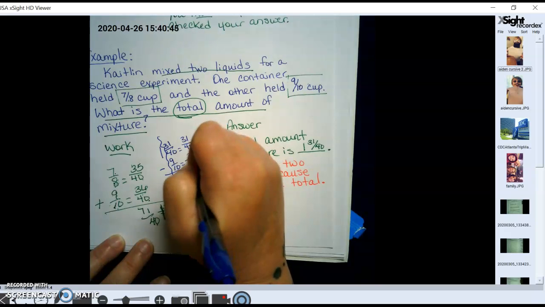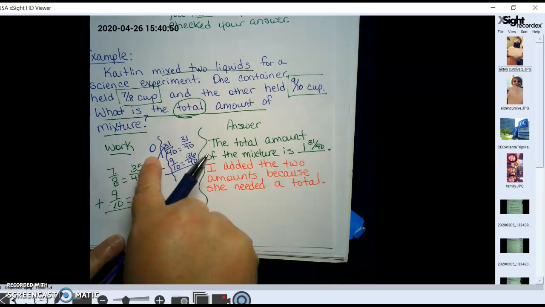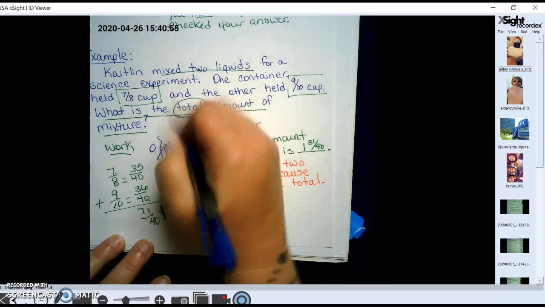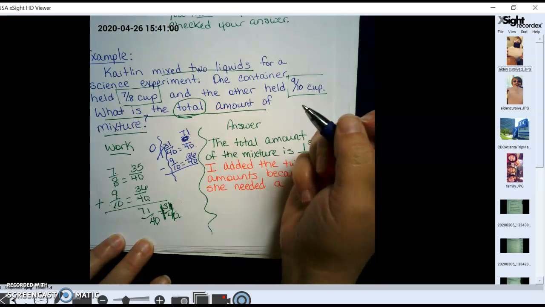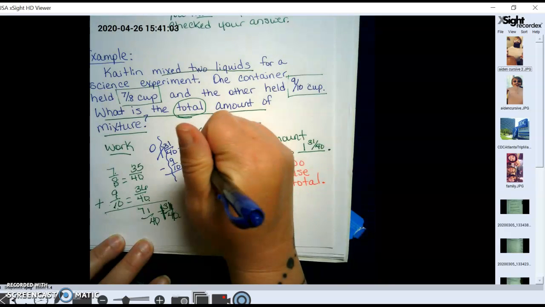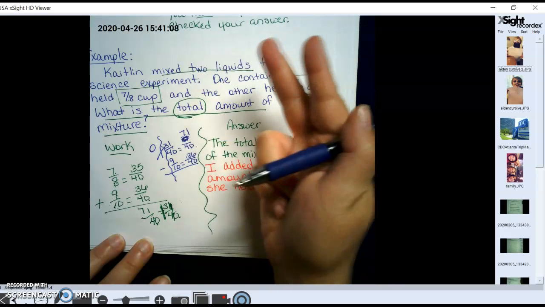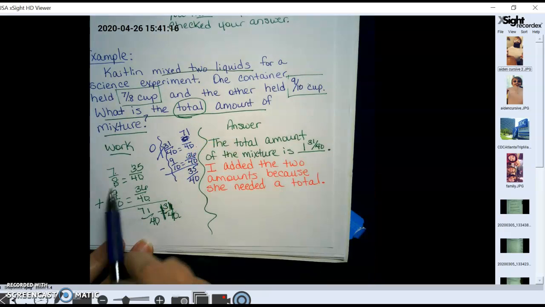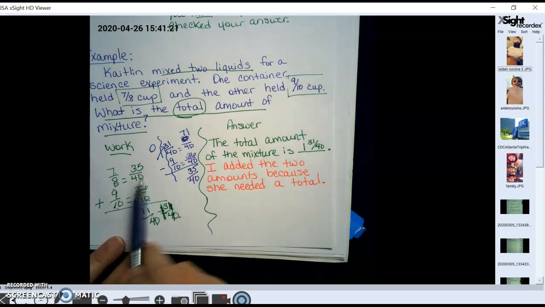And 9 times 4 is 36. I can't do that, so I go over here and borrow. Leaves that with 0. The 40 I just got plus the 31 would be 71. And 71 minus 36 would be 35. 35 over 40ths. Now, that's not 7/8, but I know that I could reduce it to get 7/8.